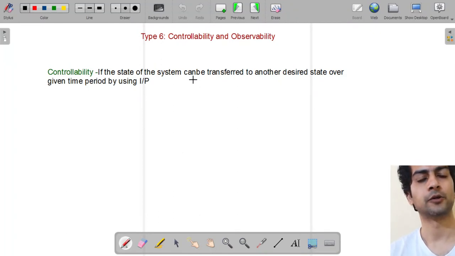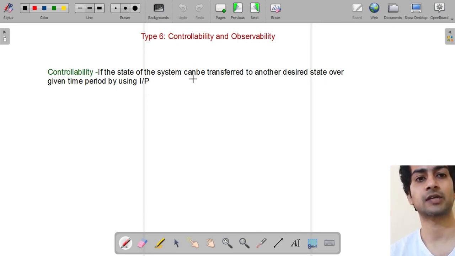Now coming to the next type, that is type 6. Here we will see how we can find whether a system is controllable or not, and observable or not. In type 5, the previous type, we have seen a number of important things: a number of concepts, short tricks and statements.